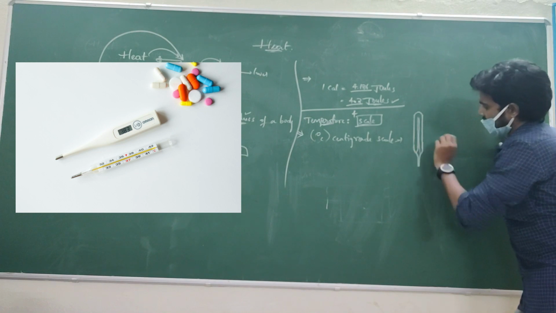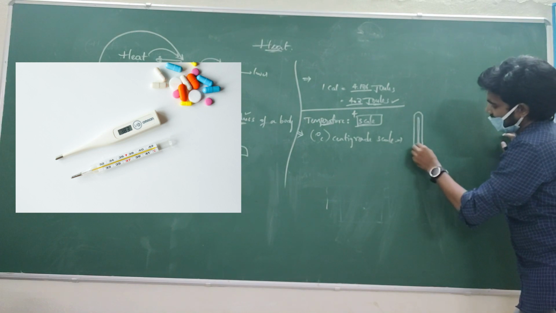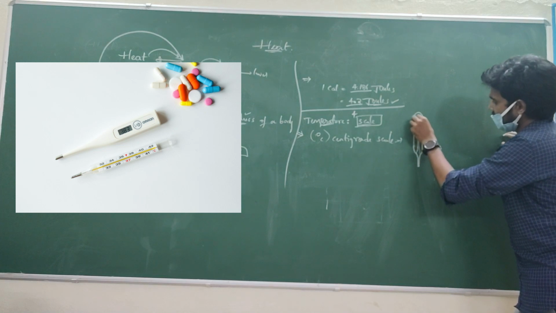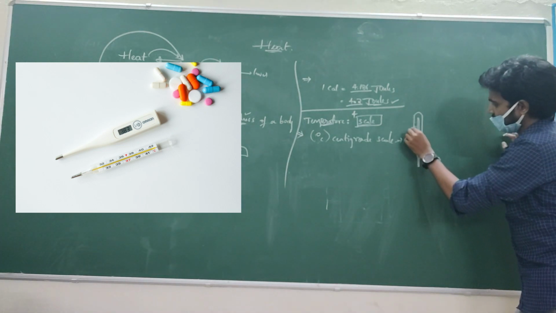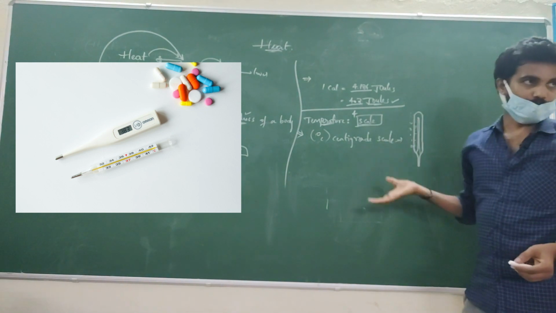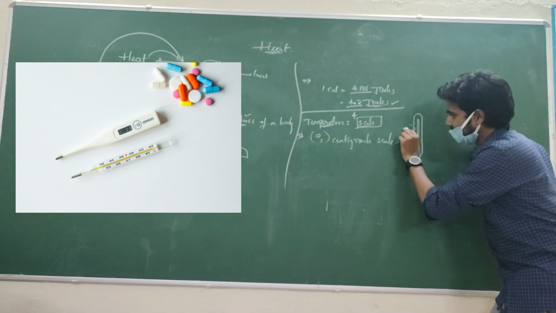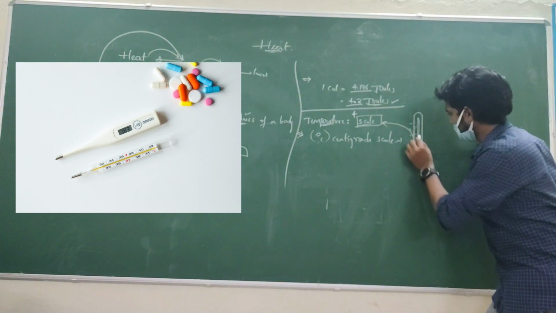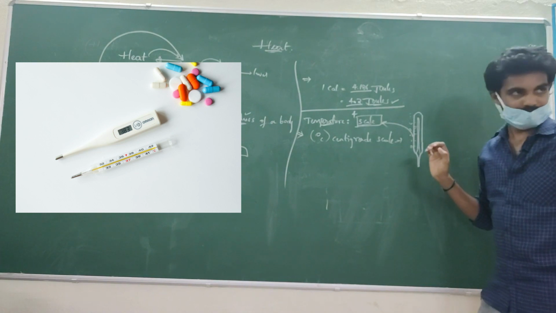There might be some lines like this, and you can see some values here, like 0, 1, 2, 3, 4, and so on, right? These kinds of values we tend to see on the thermometer. These values indicate the scale, right? Based on that scale, we easily calculate your temperature.